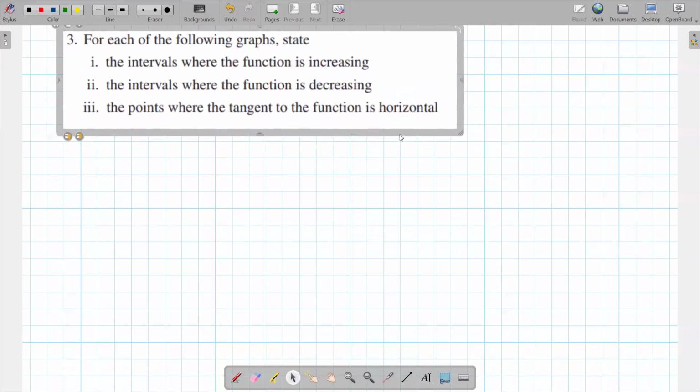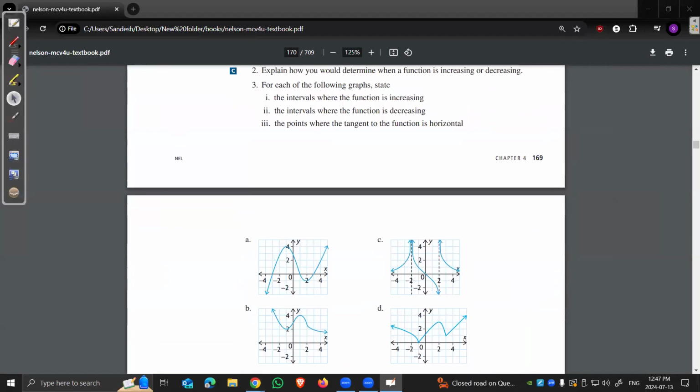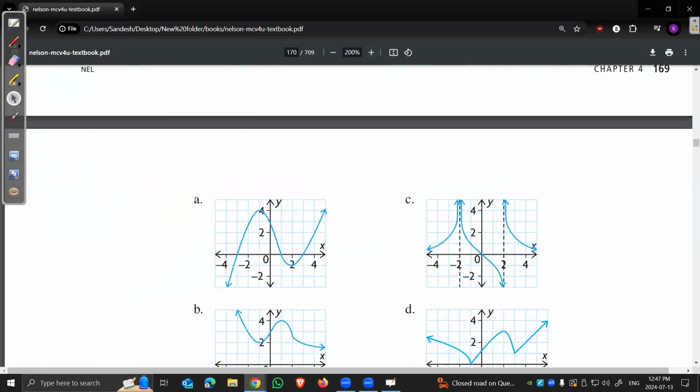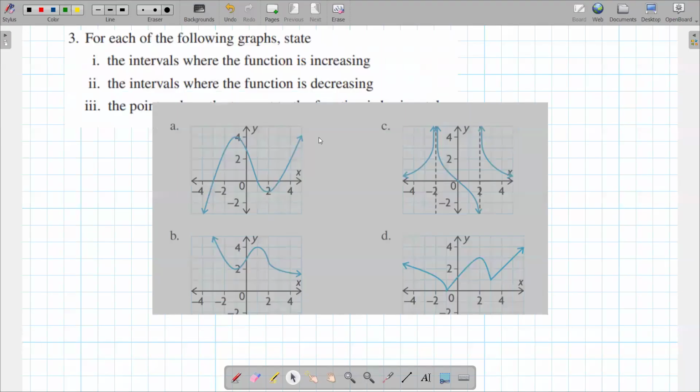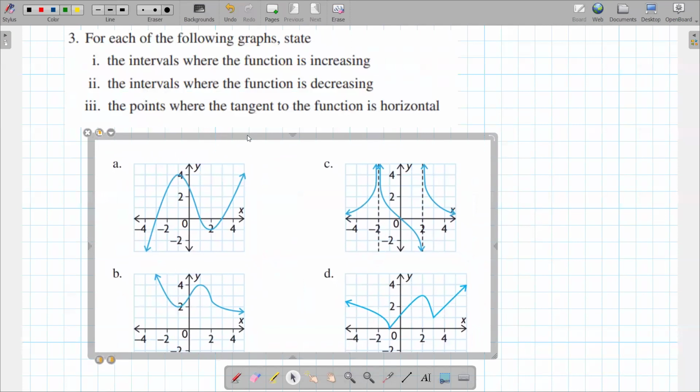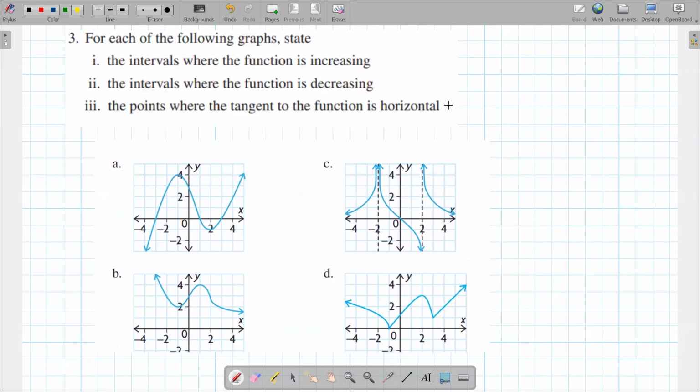We're gonna see where a function is increasing or decreasing, and where it's 0. It's only horizontal, and here's a key part, it's only horizontal at turning points, okay? At strictly turning points. It has to be smooth.